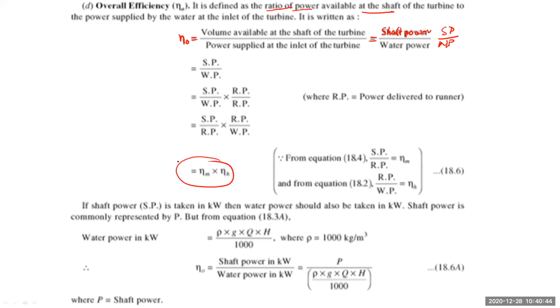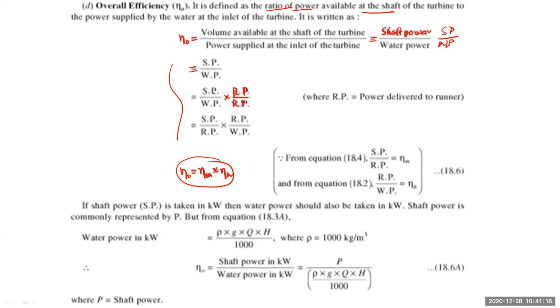What we have written in our previous slide, the same is written here, because in the examination they may ask you to prove that overall efficiency is nothing but the product of mechanical efficiency into hydraulic efficiency. Then you have to write this part. We know that overall efficiency is shaft power upon water power. So we multiply runner power in the numerator as well as the denominator.